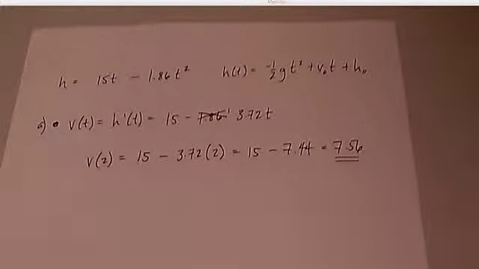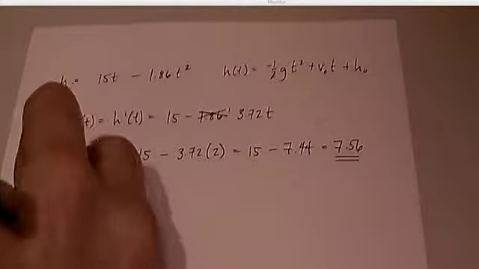Now, what is the velocity of the rock when its height, this is part B, is 25 meters on its way up? Well, and then on its way down.